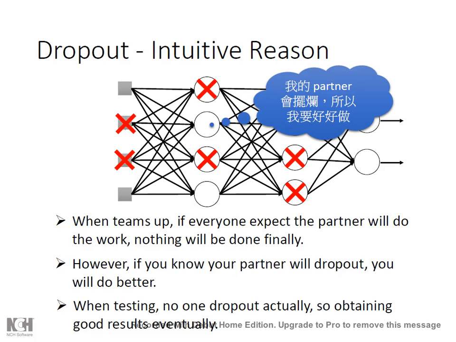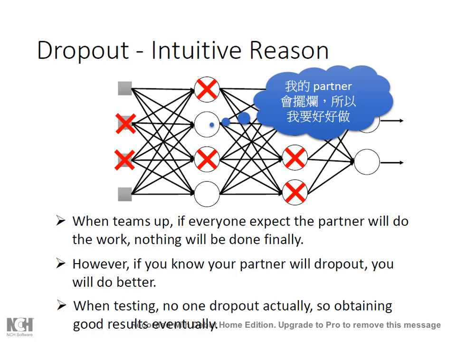It means you can treat each neuron as a friend, a partner. But some partners are very lazy; they don't do anything. So you know two of your partners do nothing, so you should do better.